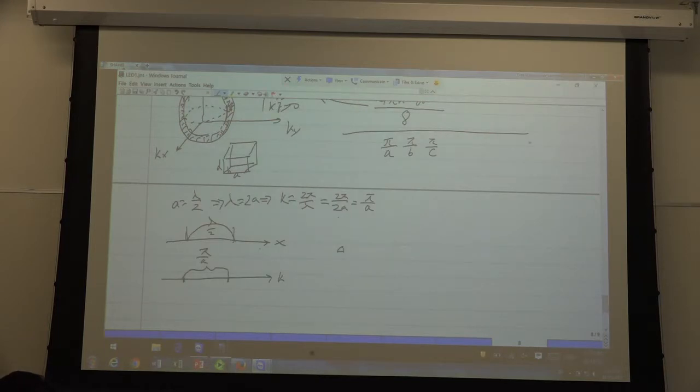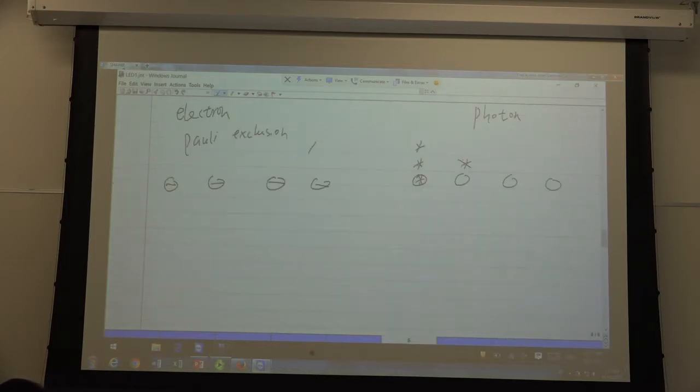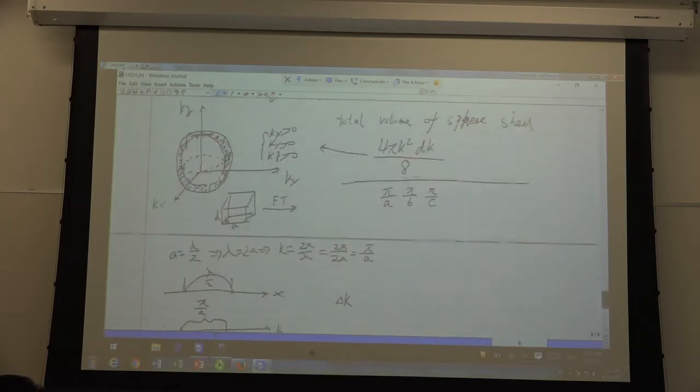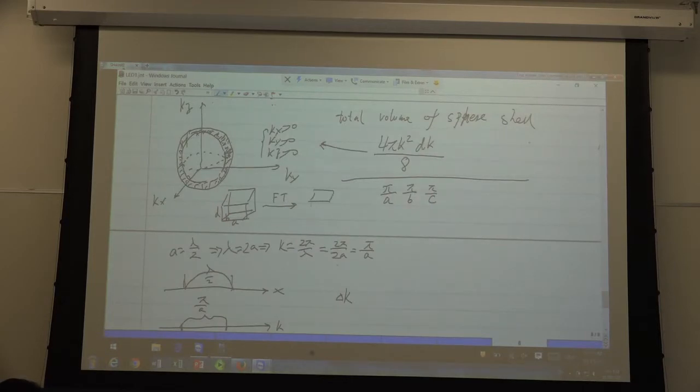So for a small cube in the spatial domain, I do the Fourier transform and go to the k domain. This is ka, kb, and kc.